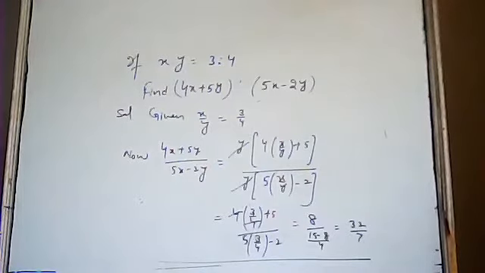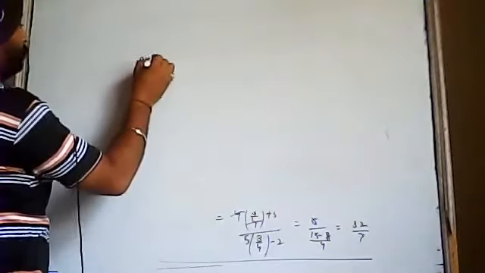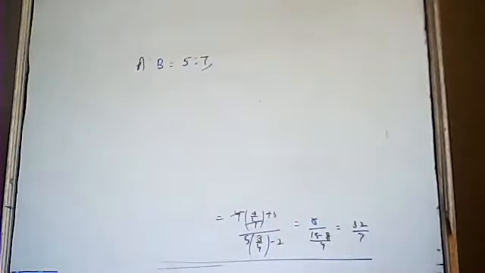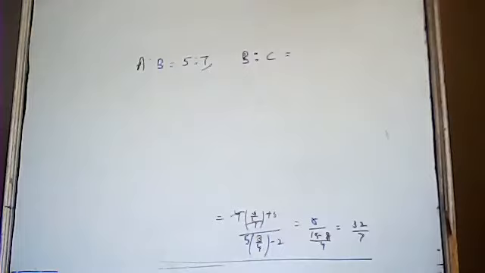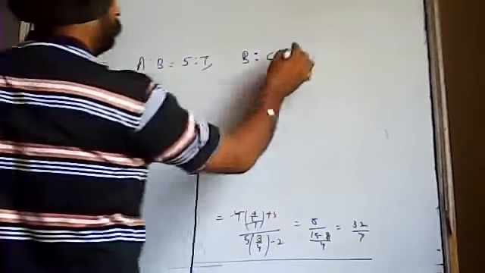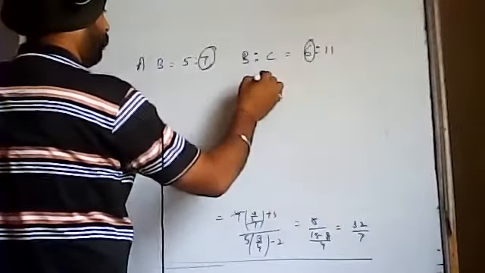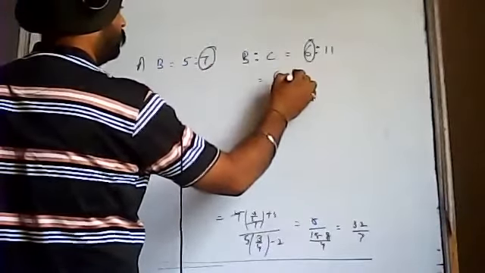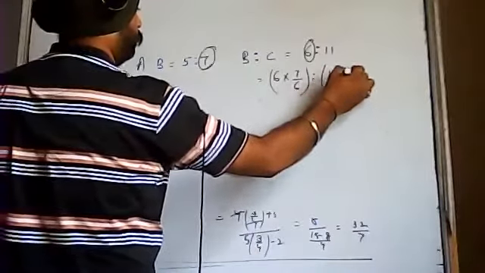Now in this question, A is to B is 5:7 and B is to C is given 6:11. Here there is 7 and here there is 11, so you write it like this: 6 into 7/6 ratio 11 into 7/6.